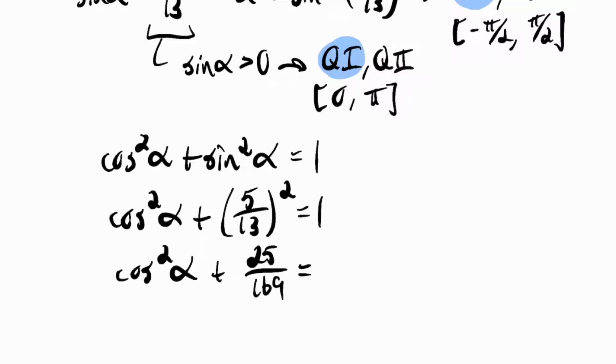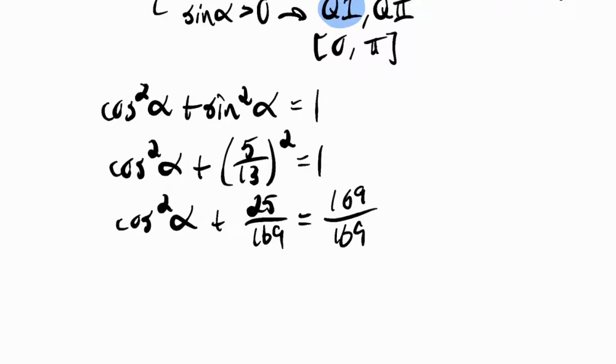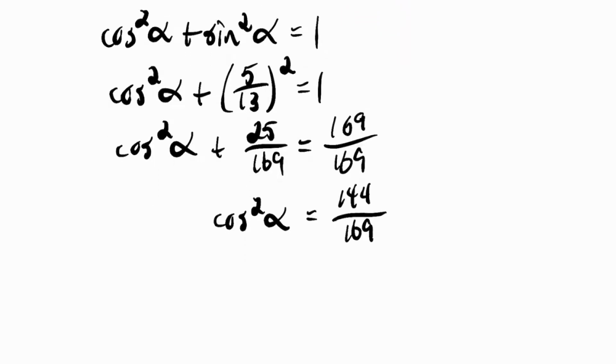But I'm going to rewrite this as 169 over 169 because I'm going to need to subtract 25 over 169 on both sides, so I might as well do this now. When I subtract, I'll find that cosine squared alpha equals 144 over 169. And again, remember, we're in quadrant 1, so I know cosine is positive. That means that cosine alpha must be 12 over 13. So I found the cosine alpha value.